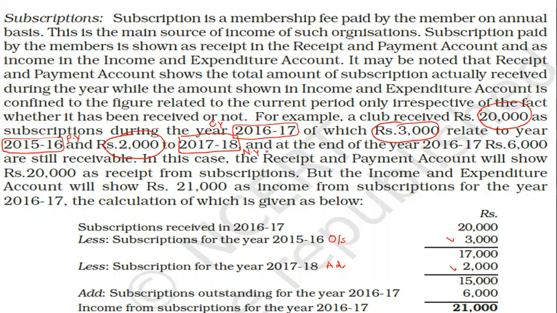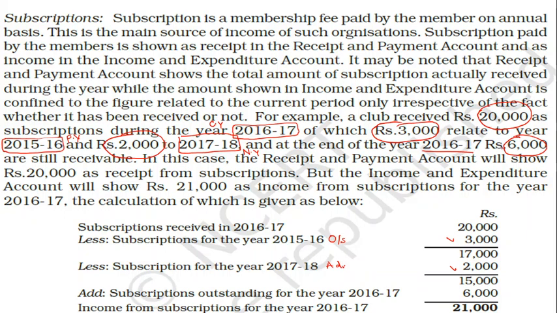Now it also says that at the end of the year 2016-17, rupees 6,000 is again of the current year. Current year 6,000 are still receivable. So it clearly says this amount 6,000 is of the current year, irrespective of whether it has been received or not.